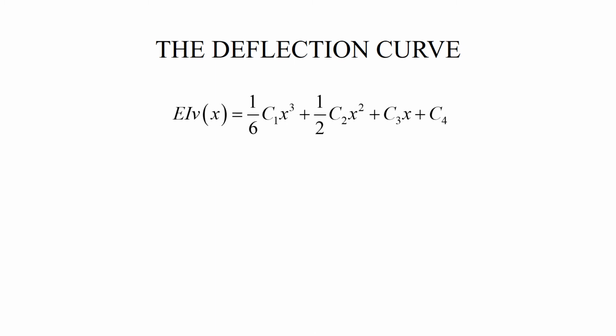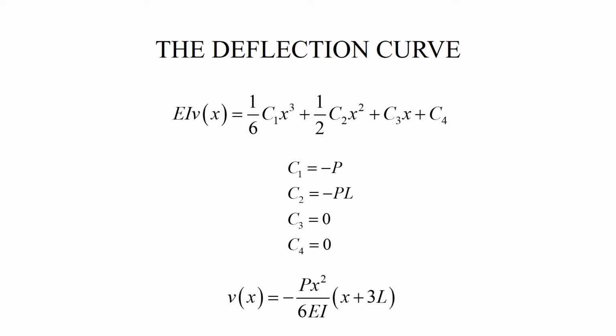Now, I write down the deflection curve. I bring the integration constants determined on the previous slide, and I put it together, and I get this equation. v of x equal to minus Px squared over 6EI times x plus 3L.